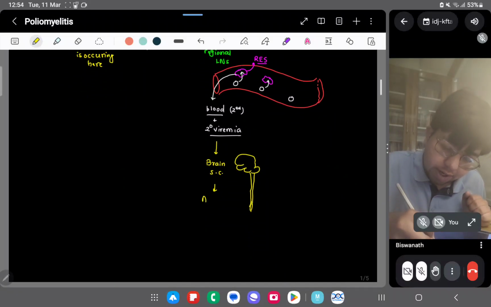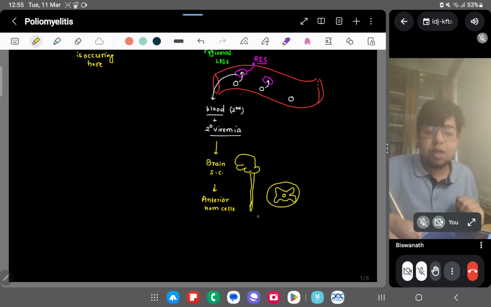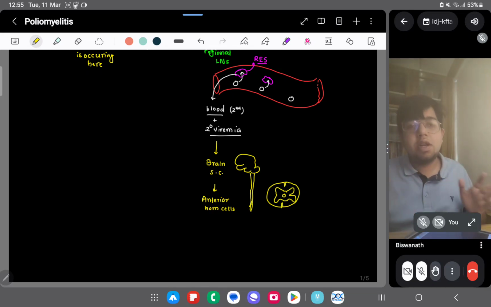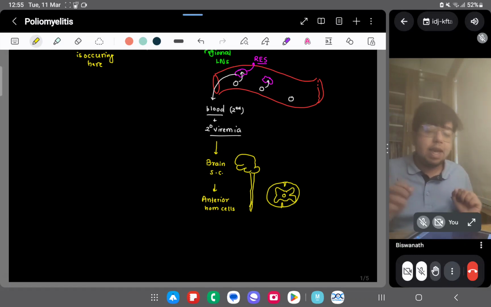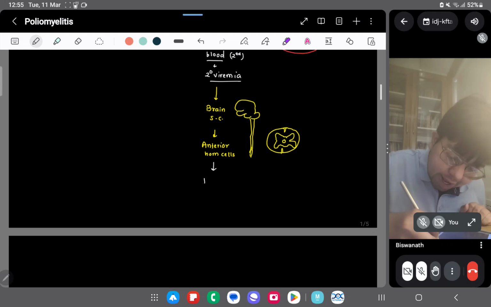You know about the anterior horn and posterior horn, if you have seen this representation of the spinal cord, a butterfly type of thing. So it enters the anterior horn cells, and via this entry, it produces what is called flaccid paralysis.